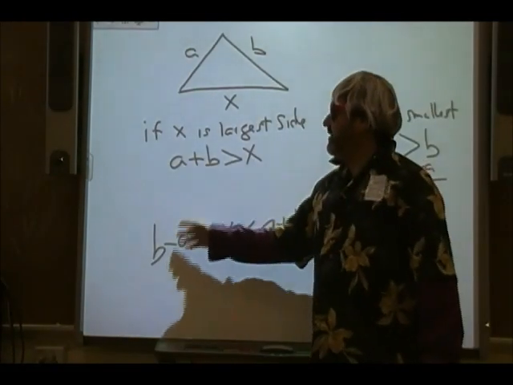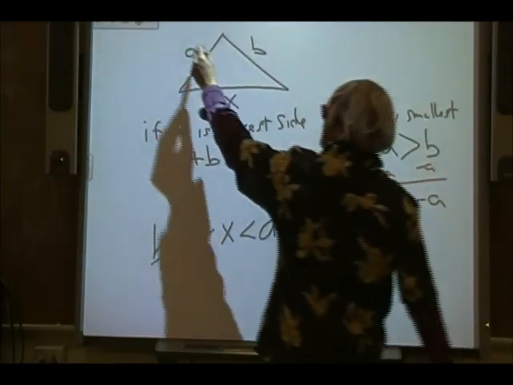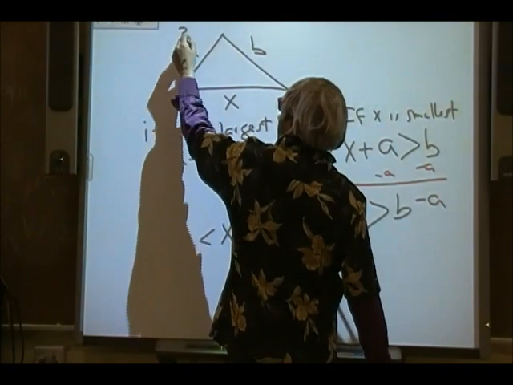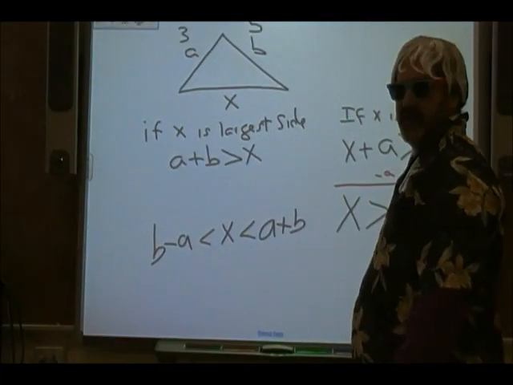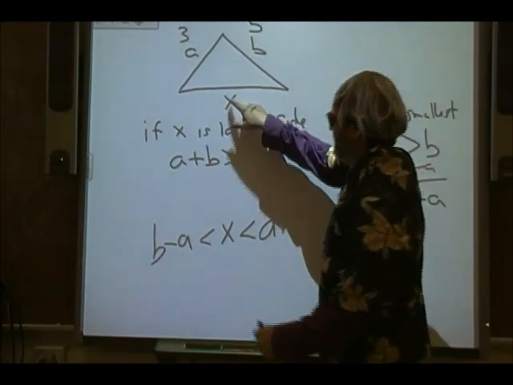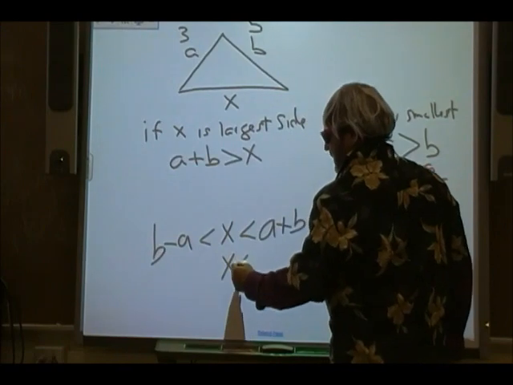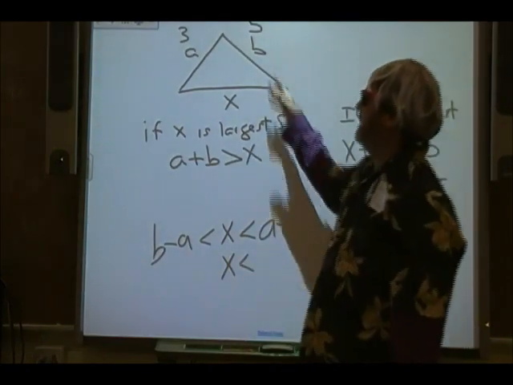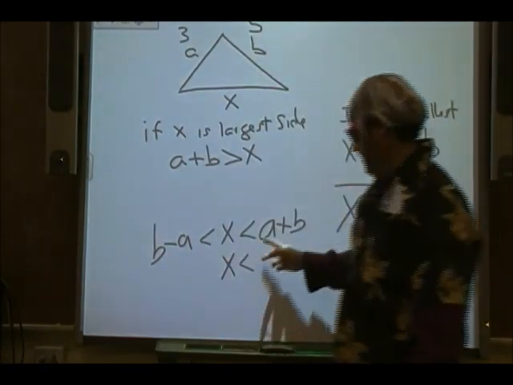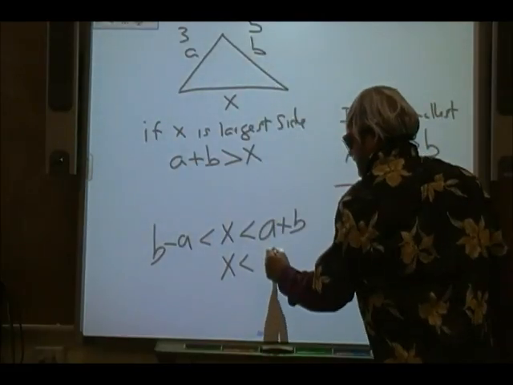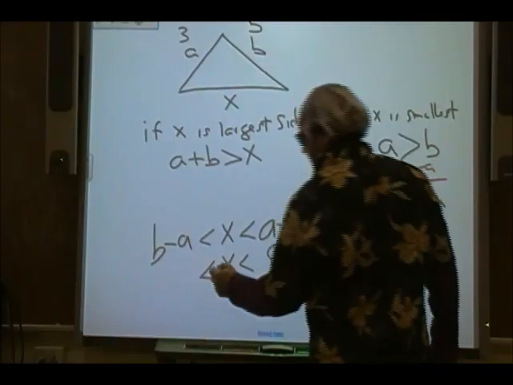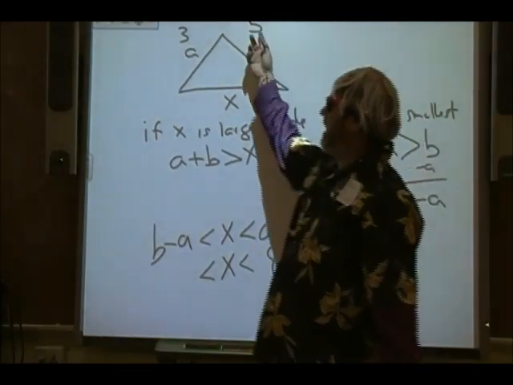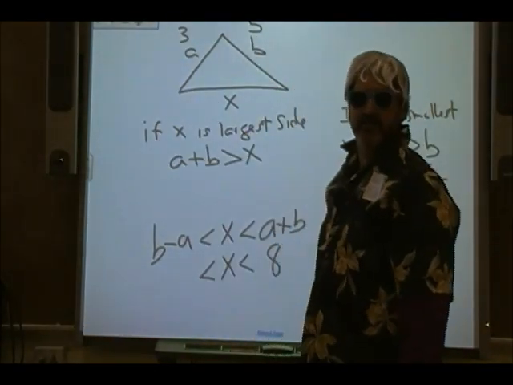That means if you give me any numbers, just say I do 3 and 5, I'm making that up. Then this X, to make a triangle, has to be less than, if we add them, we're adding 3 and 5, so it has to be less than 8, but bigger than, subtract these, 5 minus 3.